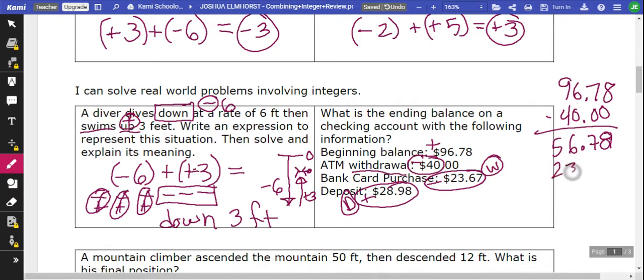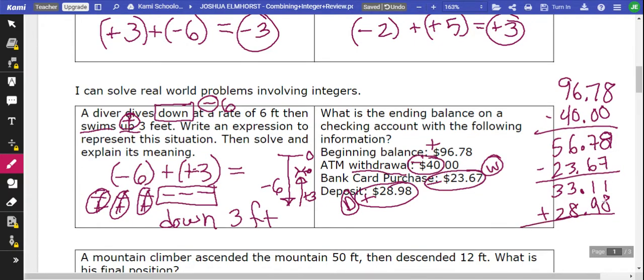So we have 23.67. 1, 1, 3, 3. Bring the decimal down, and then we deposit. So we're going to go plus 28.98.